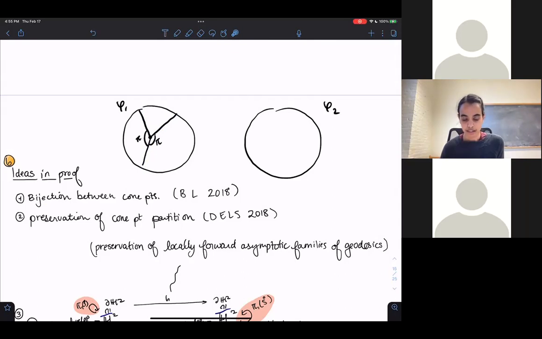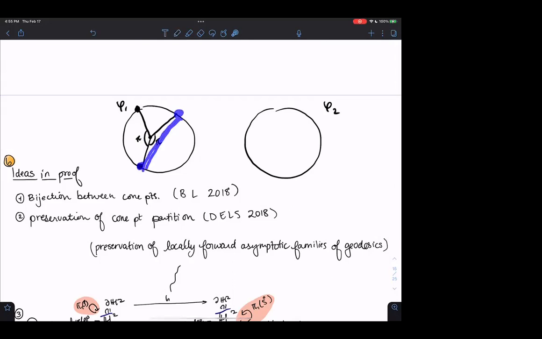Now in this metric, I can have pairs of endpoints in G phi1 arbitrarily close to this and this, because I can approximate this geodesic with non-singular geodesics. And I can have points in G phi1 arbitrarily close to this and this, because I can approximate this pair with these non-singular geodesics.